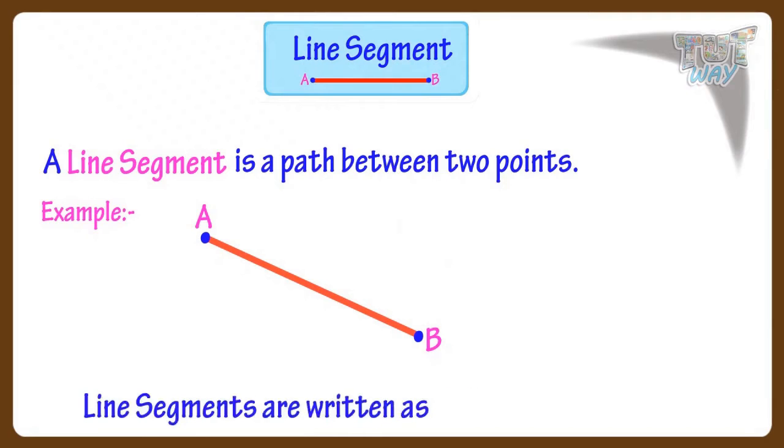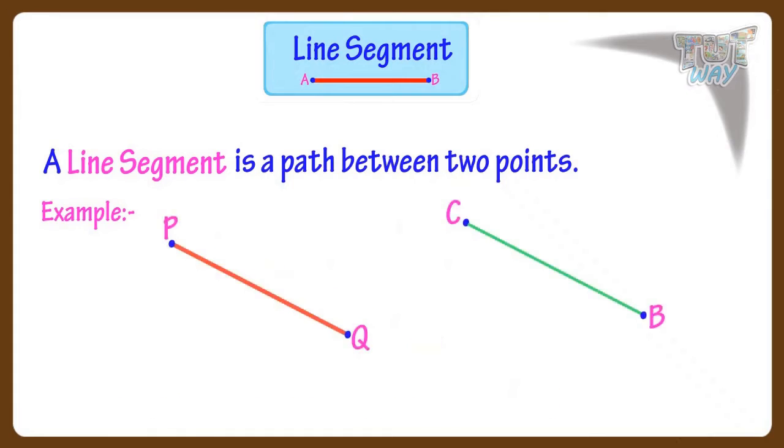Line segments are represented like this. That is a bar above the line name. Here are some more examples of line segments. This line segment will be written as PQ or QP with a bar above the name.